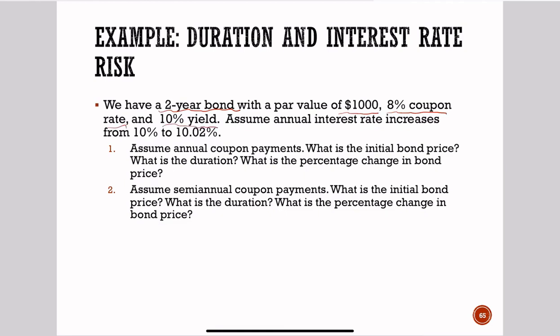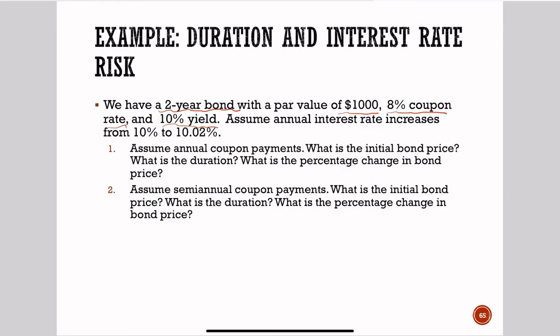Assume initially the yield was 10%, and now it increased from 10% to 10.02%. We assume we have annual coupon payments.